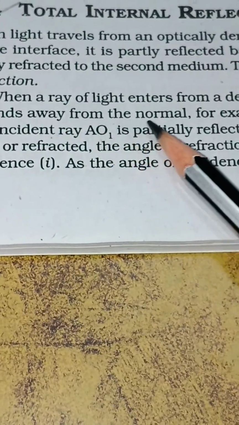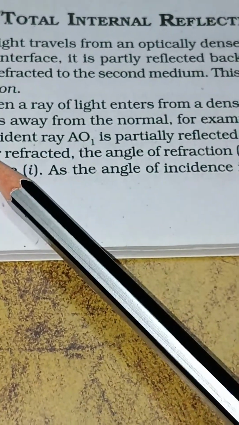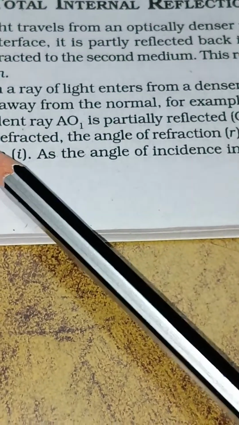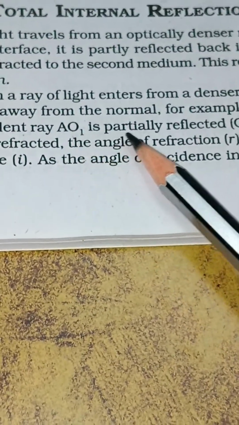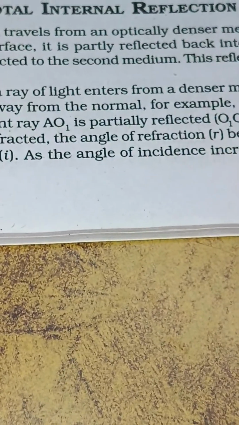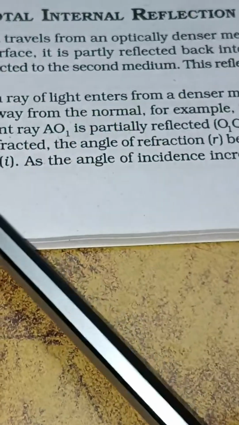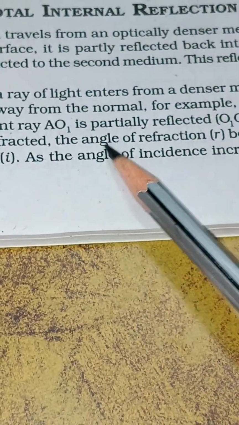When a ray of light enters from a denser medium to a rarer medium, the incident ray AO1 is partially reflected along O1C and partially transmitted along O1B.